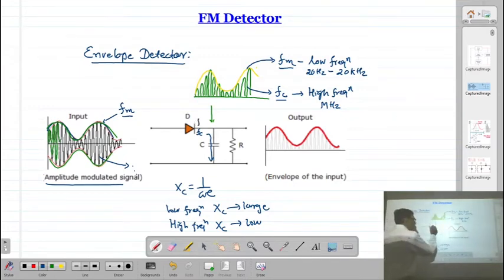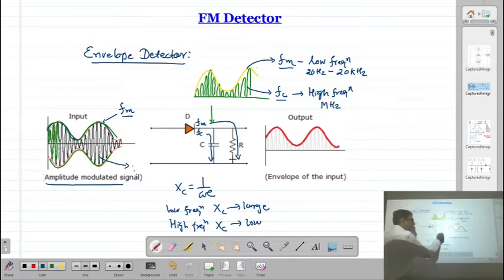At the same point we have the modulating frequency, but the capacitor will offer a very large reactance, so it will not pass through the capacitor, and it will pass through the resistance R. In this way, the carrier frequency and the modulating frequency are separated. Whatever modulating frequency is there, you get across the load R, which will be given to the next stage of the amplifier.